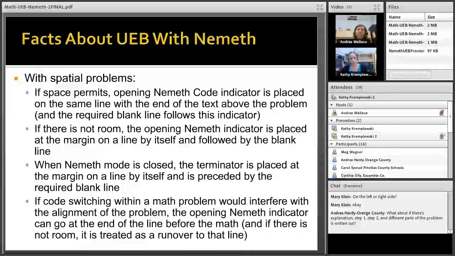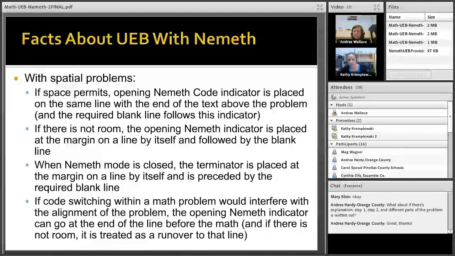With spatial problems, what about if there's explanations, step 1, step 2, and different parts of the problem are written out? I'm not sure. Let us get to the example and see if that might answer your question. And if not, maybe we can brainstorm together and figure it out. Okay.